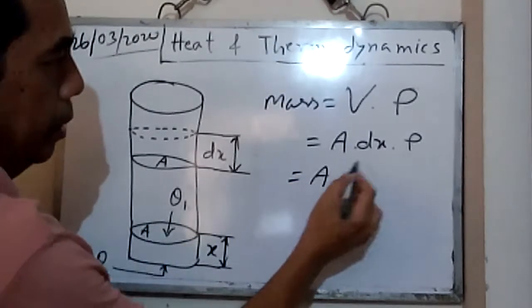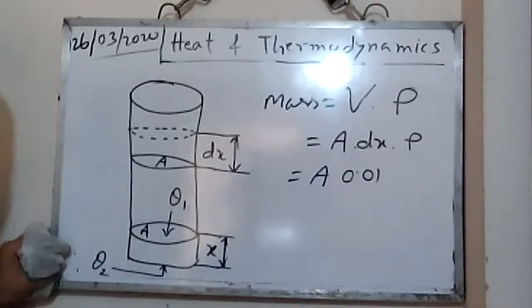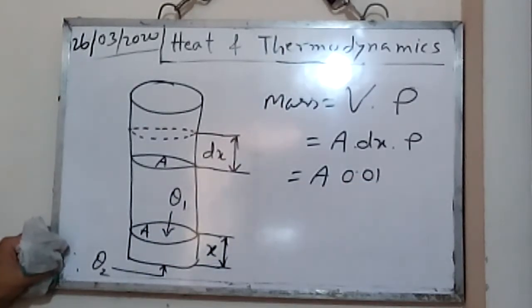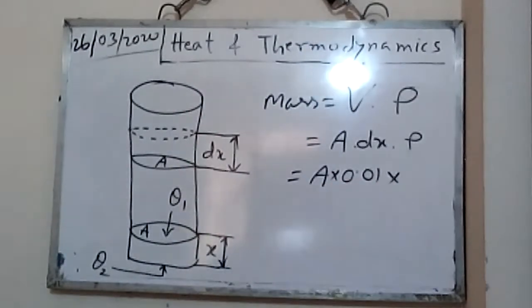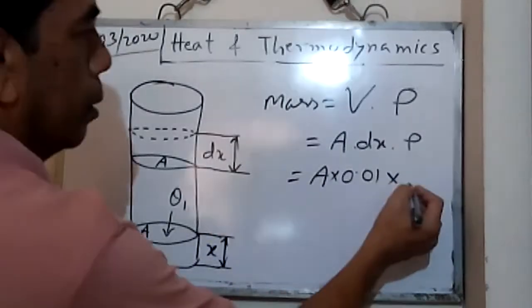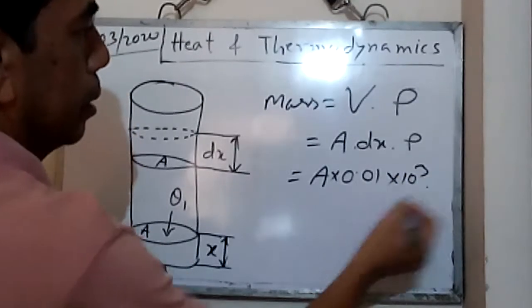Therefore dx is given 0.01 and density equal to 1 into 10 to the power 3.